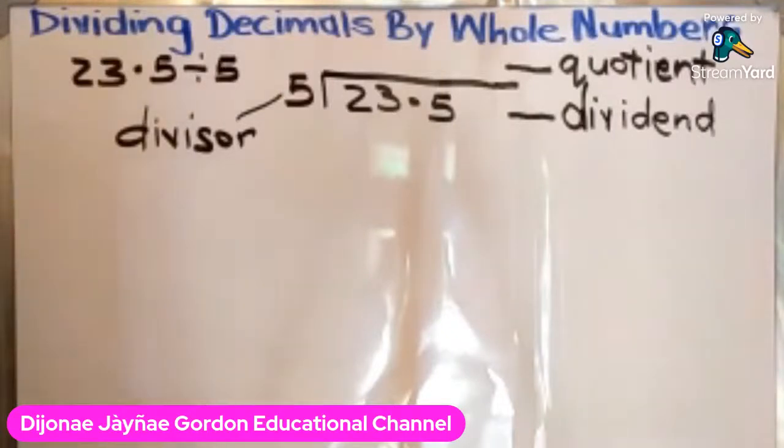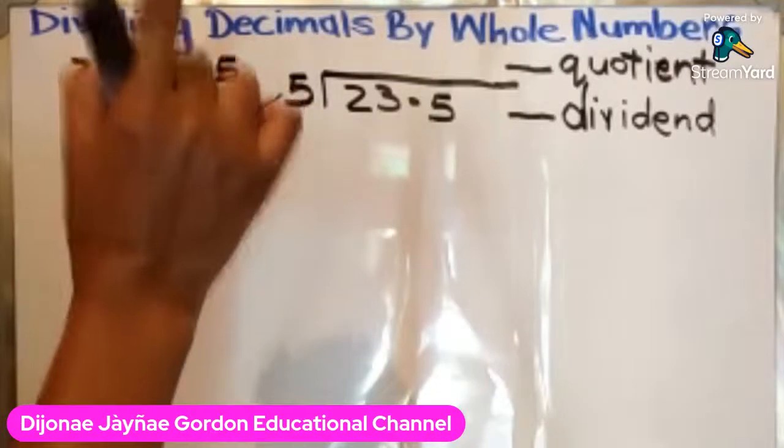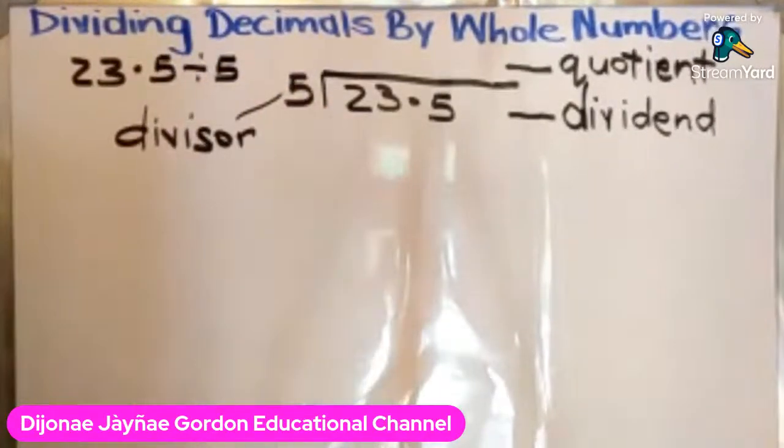So let's go right ahead and work this problem. The first thing you are going to do is ask yourself, how many groups of 5 can you get from 2? We know that 2 is smaller than 5, so we can't get a group of 5 from 2.